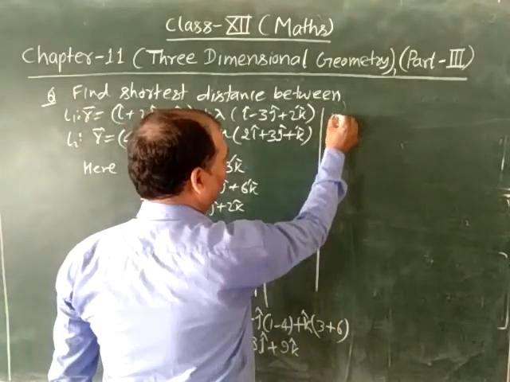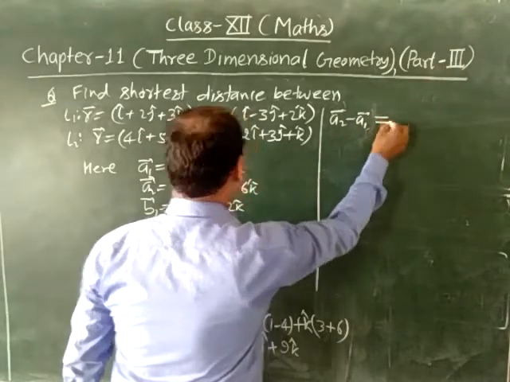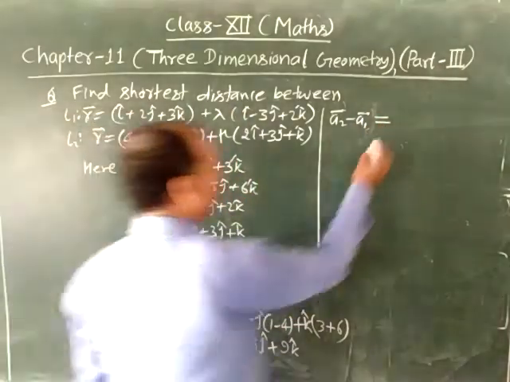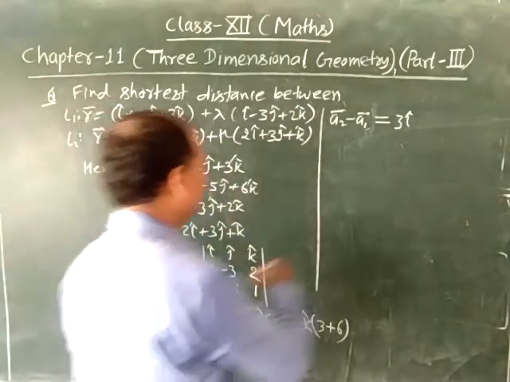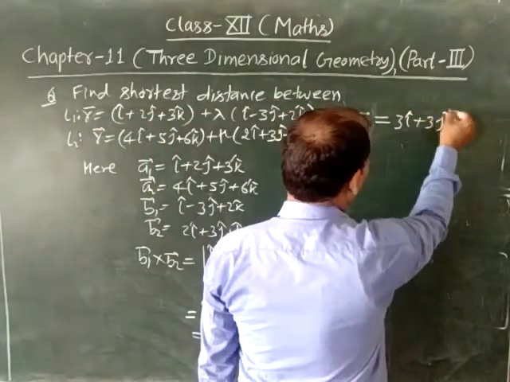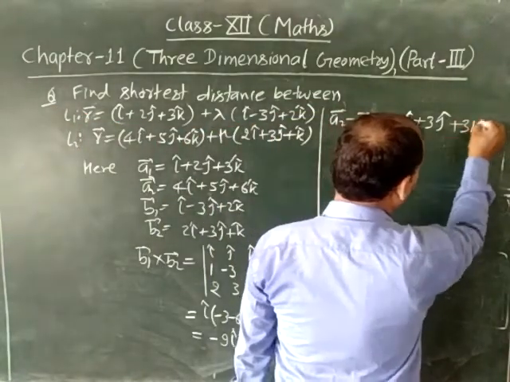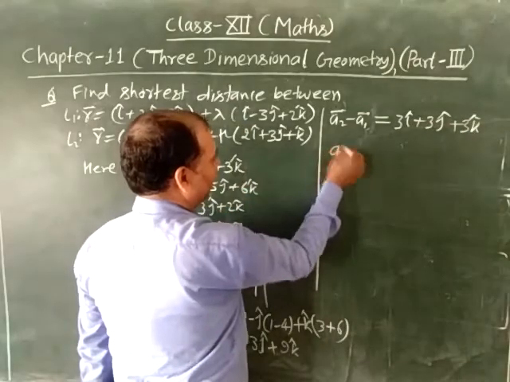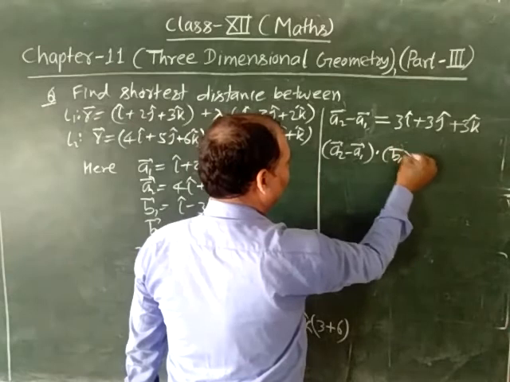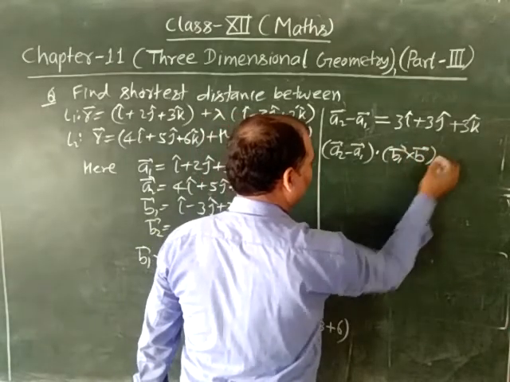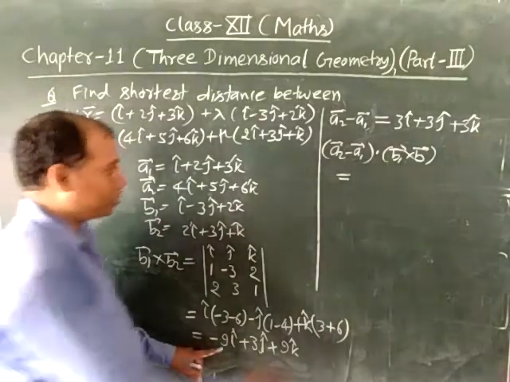Now the value of a2 minus a1 is equal to 3i plus 3j plus 3k, that is, 4 minus 1 is 3, 5 minus 2 is 3, and 6 minus 3 is 3. Then the value of a2 minus a1 dot b1 cross b2 is the dot product of these two vectors.